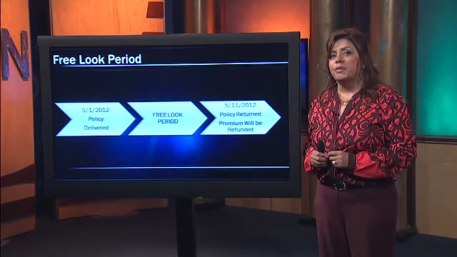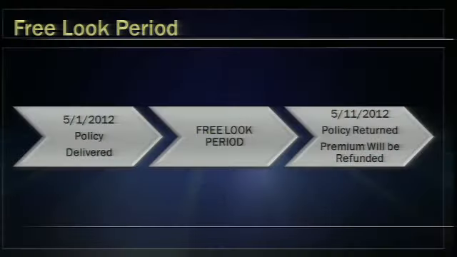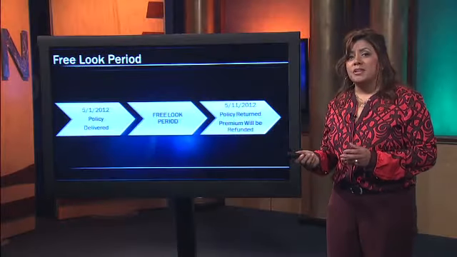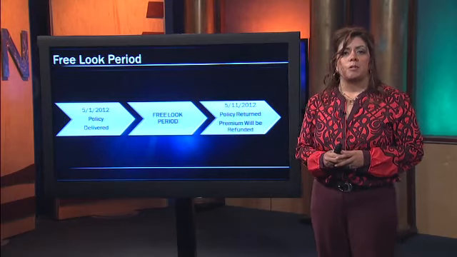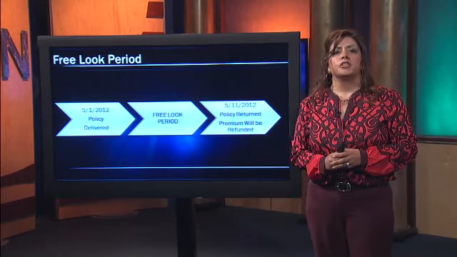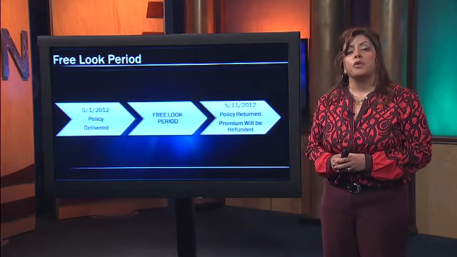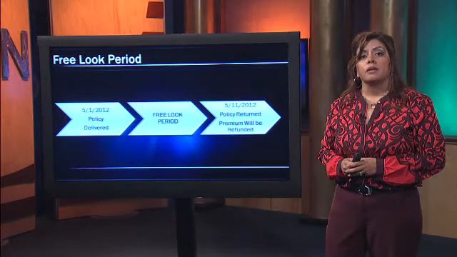It's also known as the right to examine provision. This simply allows the policy owner at least 10 days from the time the policy is delivered for them to review it and decide whether or not they're going to accept the contract. If for whatever reason they decide they do not want to keep the policy, they simply return it to the insurance company for a full refund of the initial premium paid.